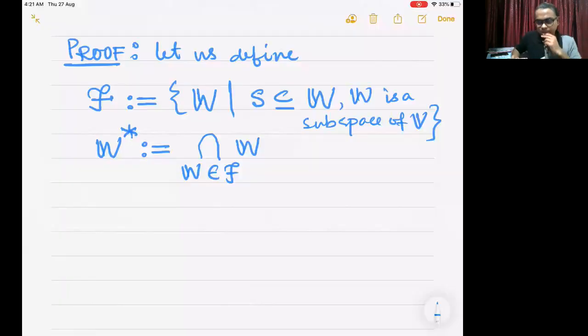As I was saying, W star contains all those elements which are there in each of these W's.